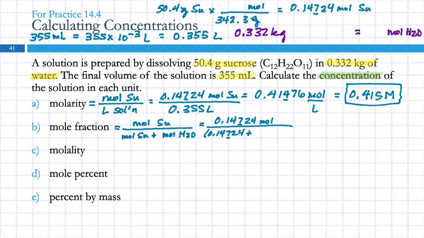Well, grams to moles, we can take this kilo and replace it with what kilo stands for, which is 10 to the positive 3 grams. And then we want to multiply by moles, divide by grams. We need the molar mass of water, 18.02. So 0.332 times 10 to the third divided by 18.02. And we're going to get 18.424 moles.